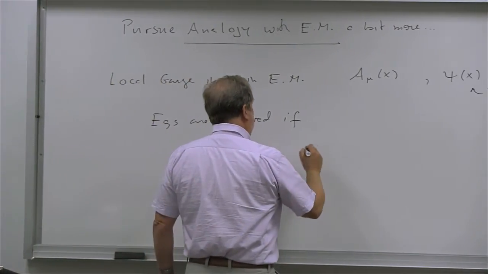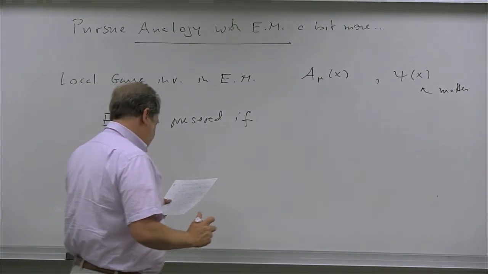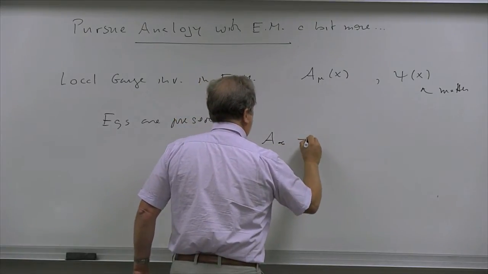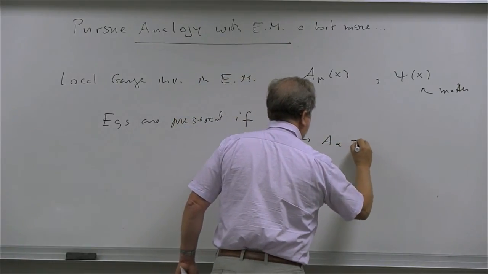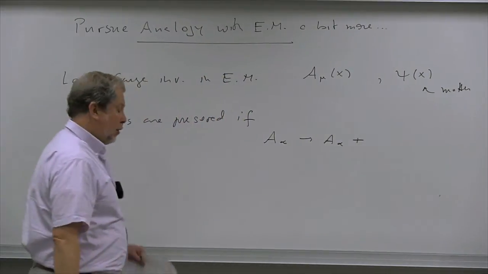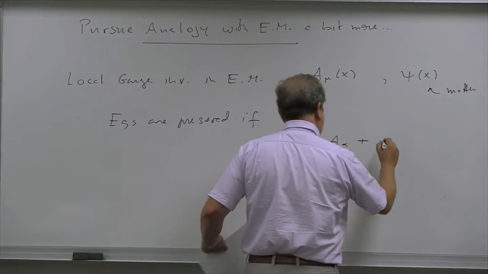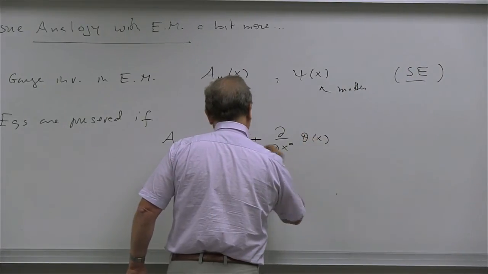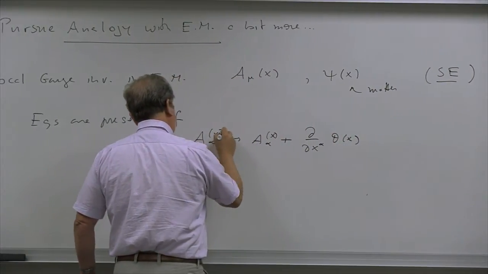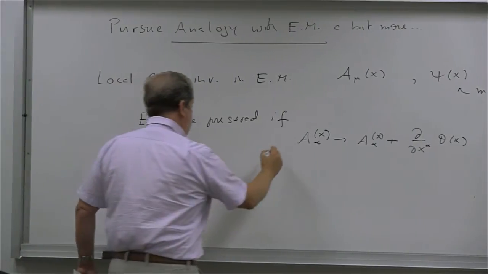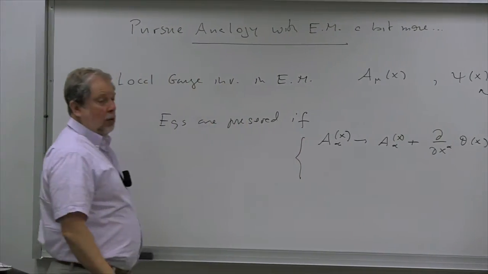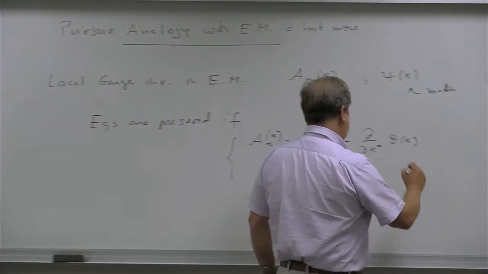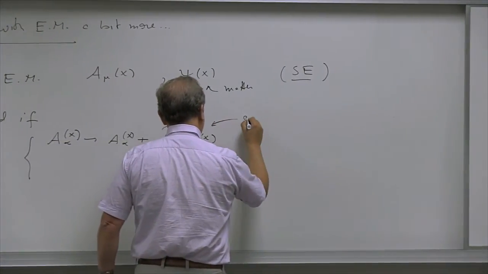First of all, we transform the electromagnetic field by A alpha goes into A alpha plus a gauge piece, plus d by dx alpha of theta of x. Let's write x everywhere. We know that Maxwell's equations are already invariant under this transformation, where theta is some sort of gauge function.